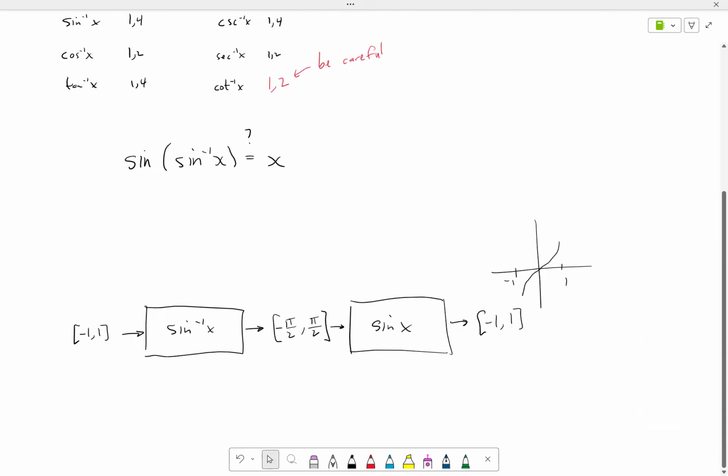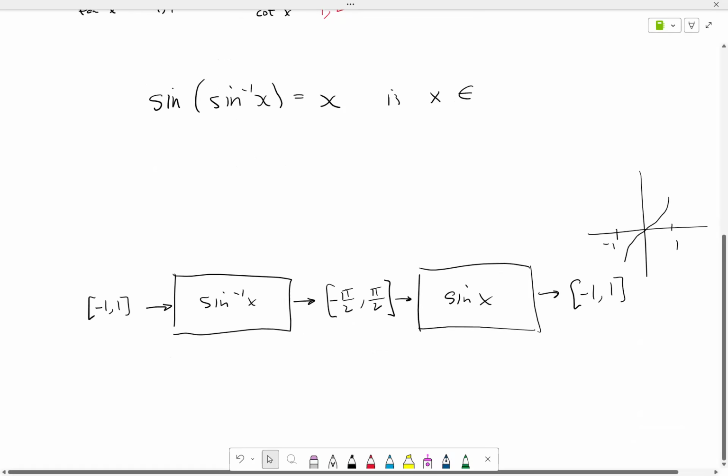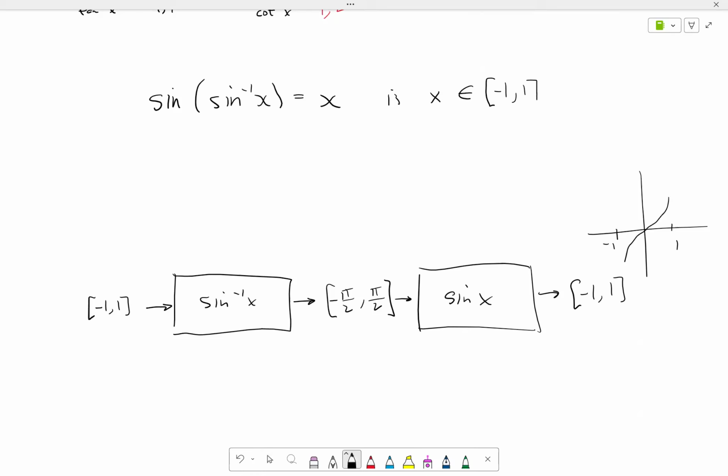So this is true if x is an element of, really, any real number? No. This is in the range -1 to 1. In other words, sine and sine inverse will cancel in this situation as long as the x value is between -1 and 1.